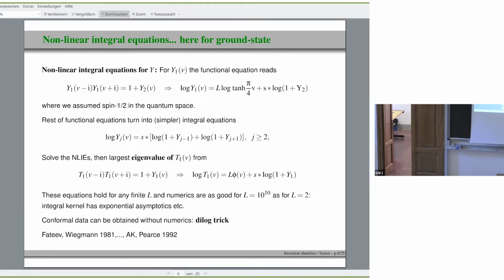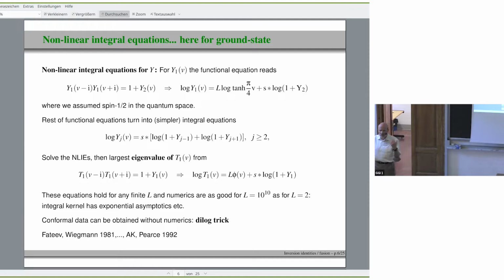That gives a set of integral equations for the y's, and the integral equations can be solved by iterative treatment. So you can switch on your computer, and then the integral equations can be iterated, and you will see convergence. That's what you cannot do with a functional equation.